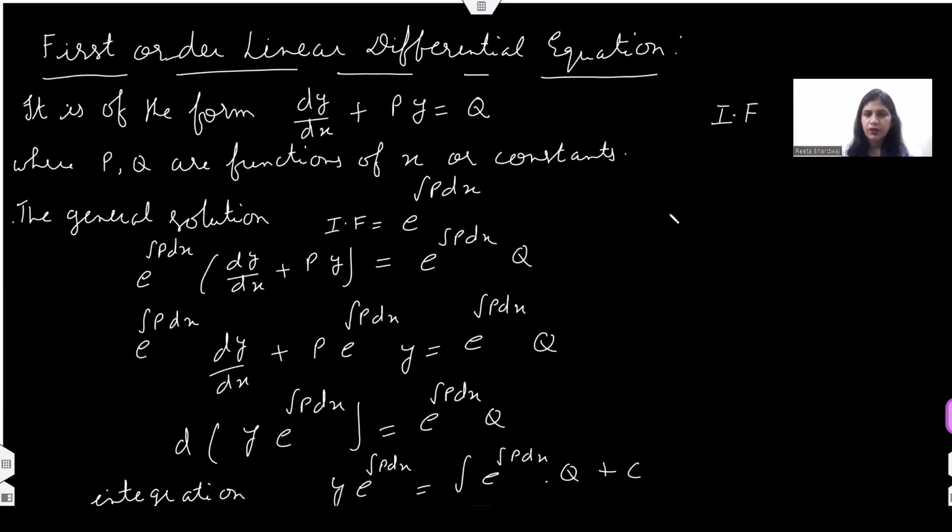In short, we can write the general solution of a first order linear differential equation like this: this is just the integrating factor. So y multiplied with the integrating factor is equal to the integration of q multiplied again with the integrating factor.